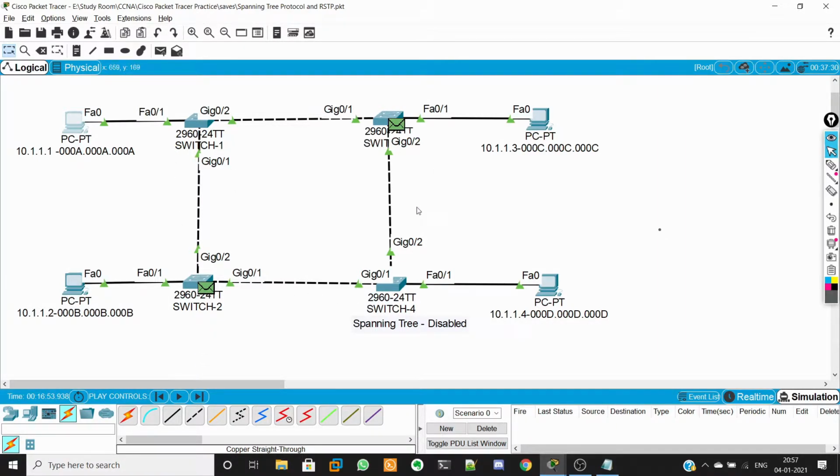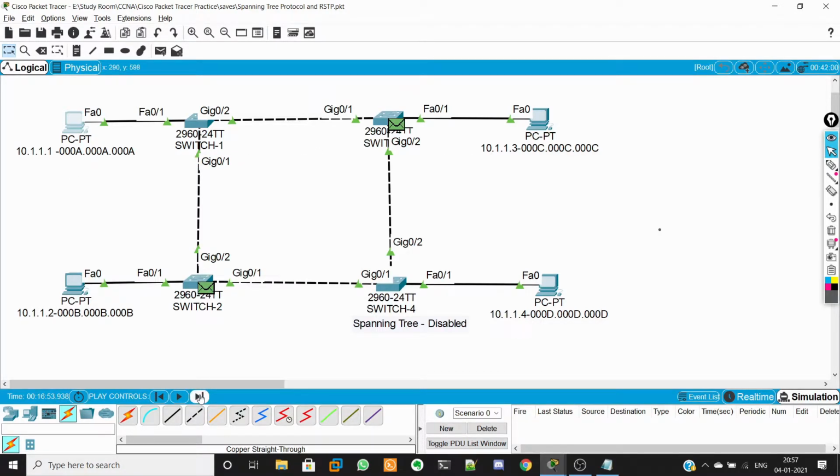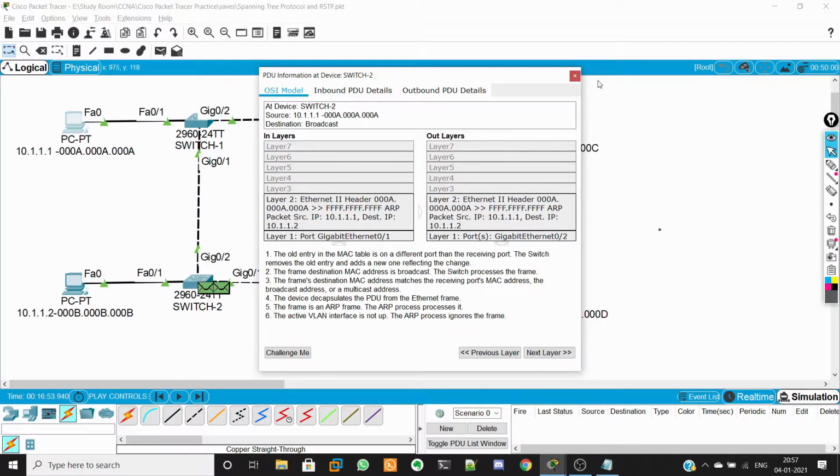All my switches here don't have MAC entries in the table, so none of the switches has an idea about the destination. I'll open this frame. This is the broadcast frame I initiated from this device with the broadcast address.